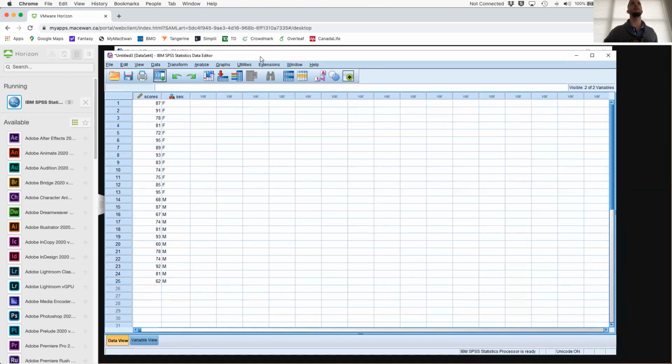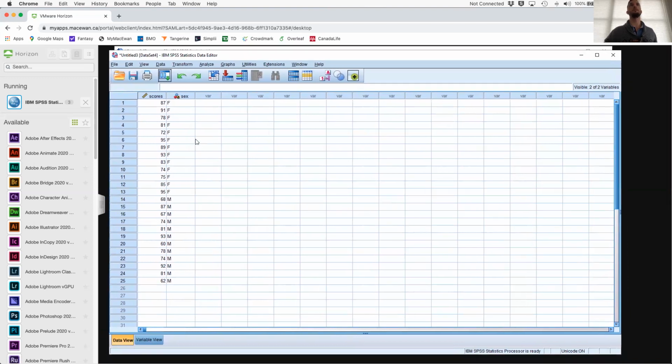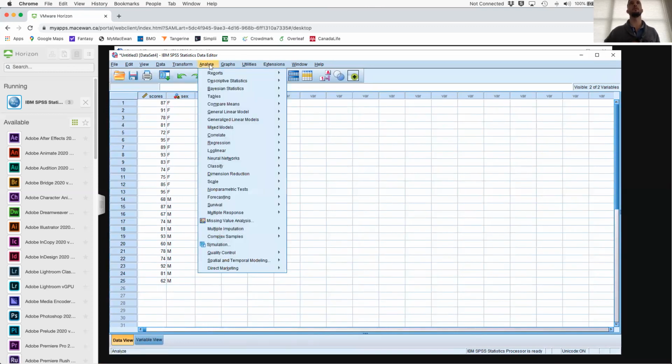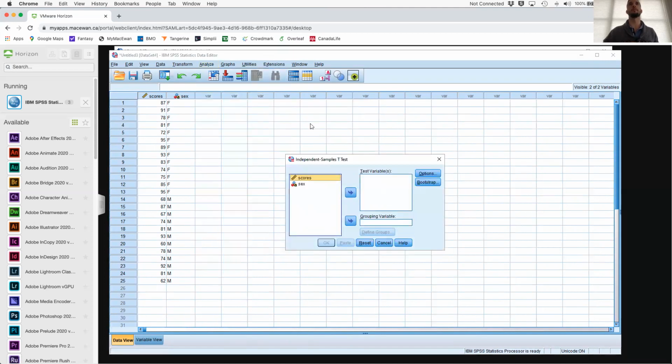Okay, so here's the Achieve dataset in its original form. So to compute a 2-sample t-test, we're going to go analyze, compare means, independent samples t-test. Okay, so this will be our choice when we have 2 samples or 2 populations that are independent of one another.